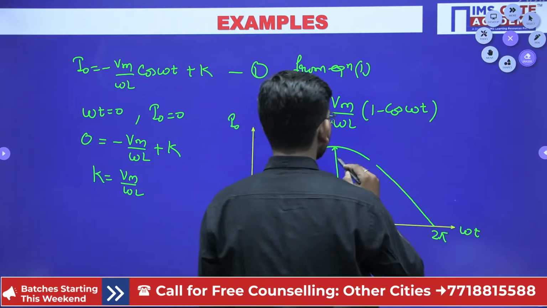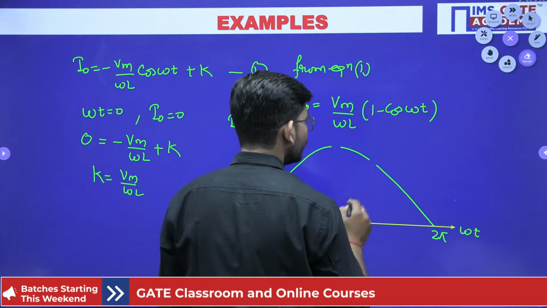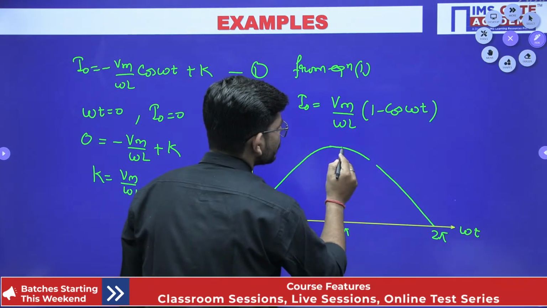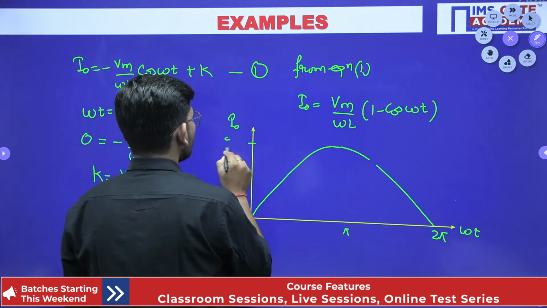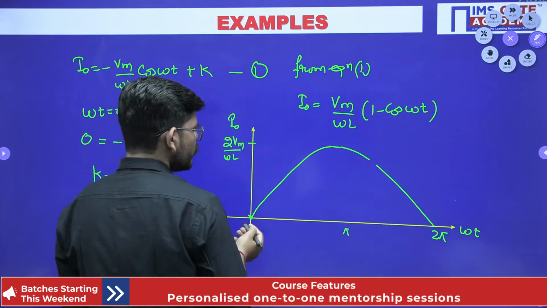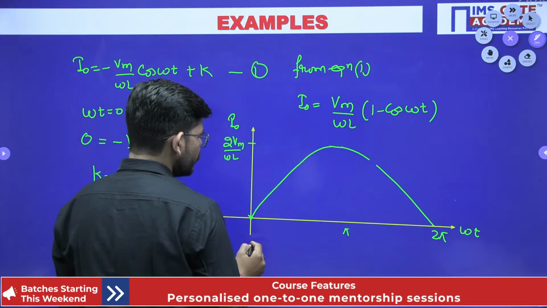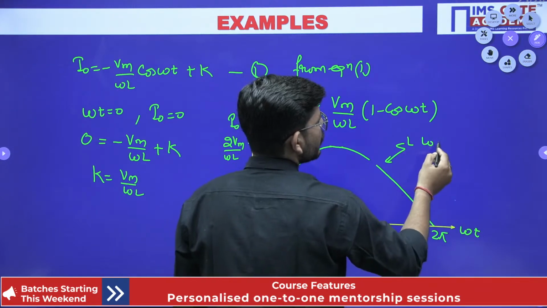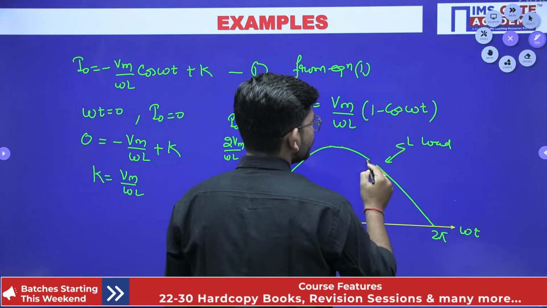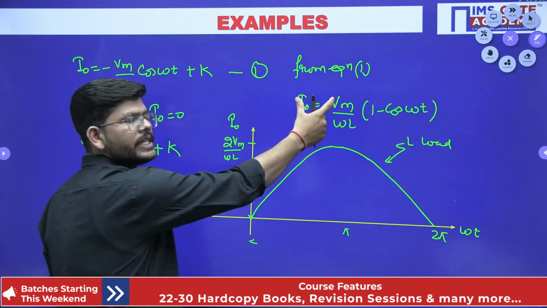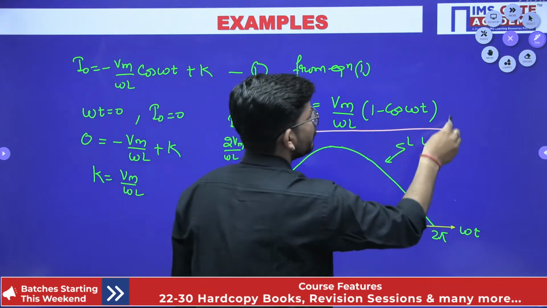Okay, let me write this here because I have to tell you some other concepts as well. So my maximum value is 2 Vm by omega L. This waveform I have drawn is for a pure inductive load. You can see the current has started building from here, changing as per this expression, which is very important for you.